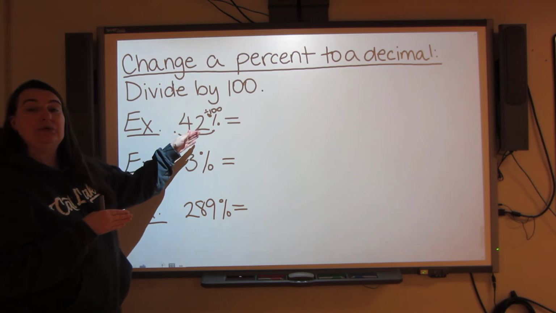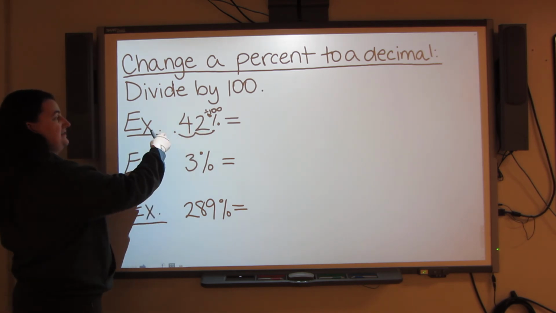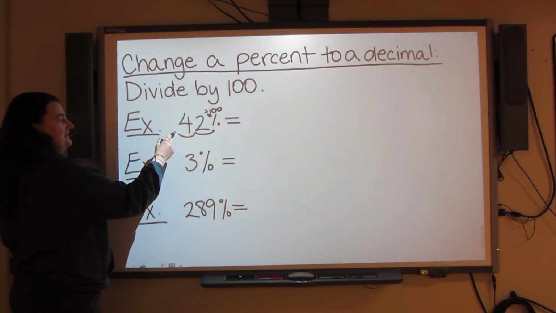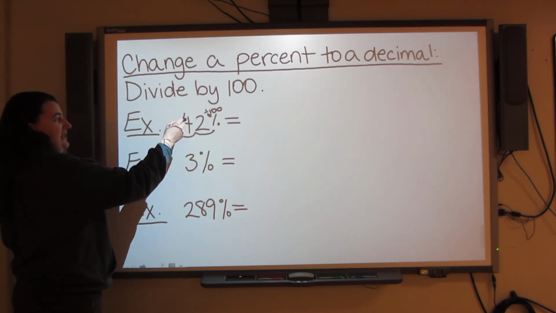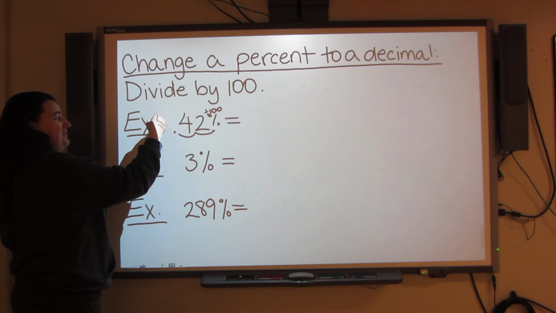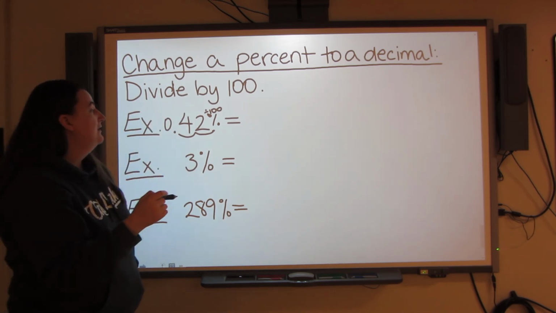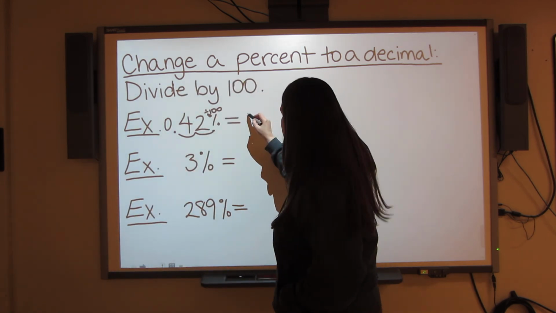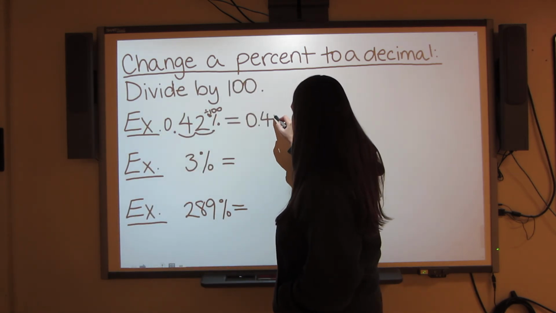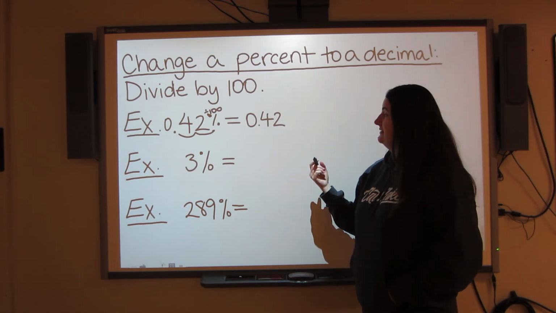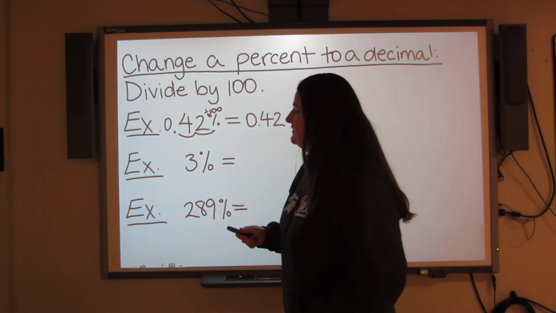I had 42, and now I have 0.42. Whenever you're moving those decimals, and you move the decimal in front of the 4, but there's nothing over here, don't forget you need to put a 0 over there. All right, so 42% is 0.42, or 42 hundredths.